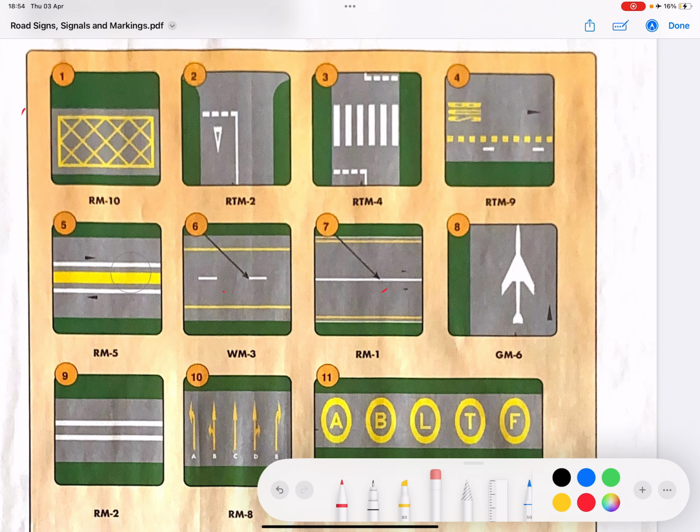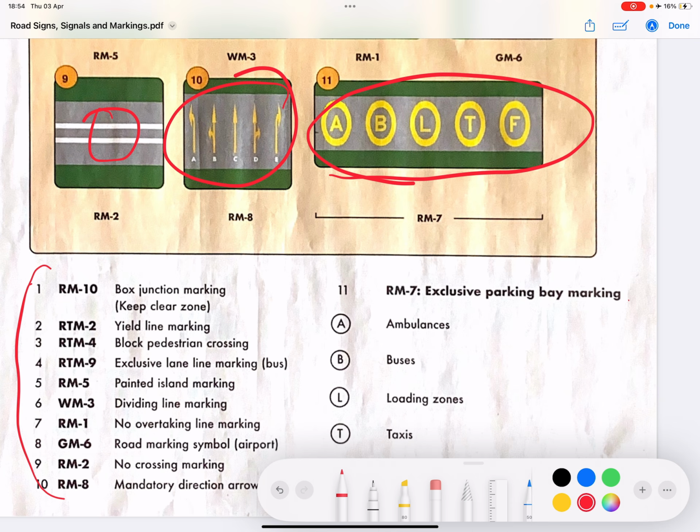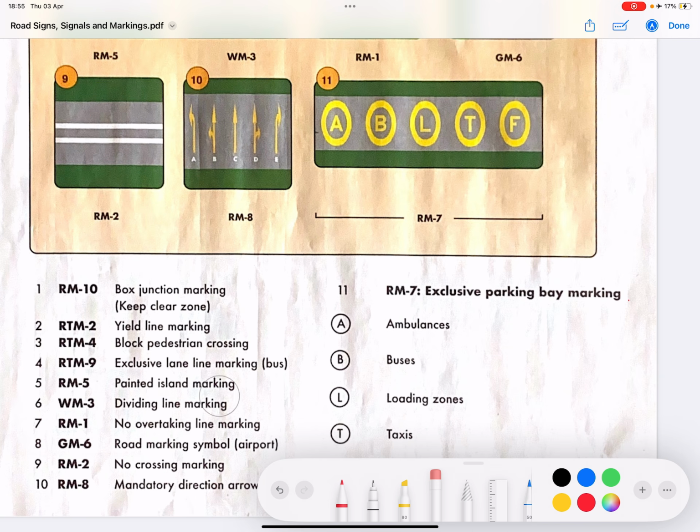Then no crossing double lines, no crossing lines, and mandatory direction arrow ahead. And this one is exclusive vehicle symbols, where A is for ambulance, B is for bus, L for loading, taxis, firefighting.